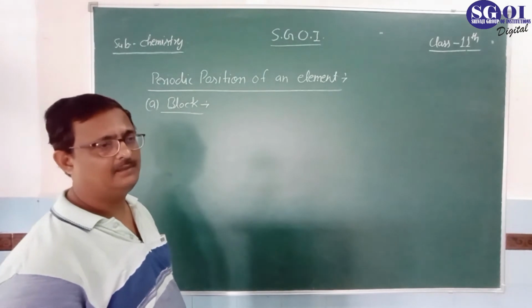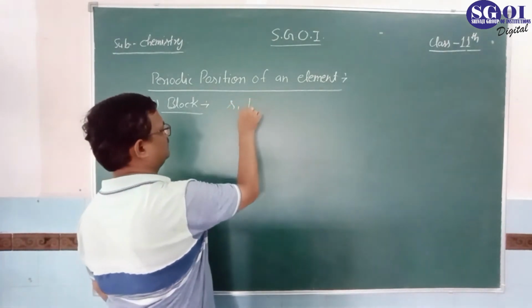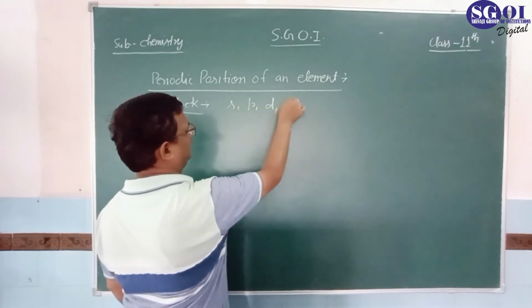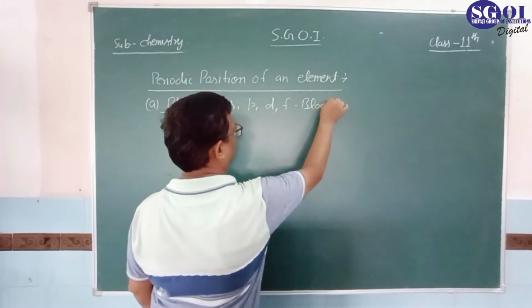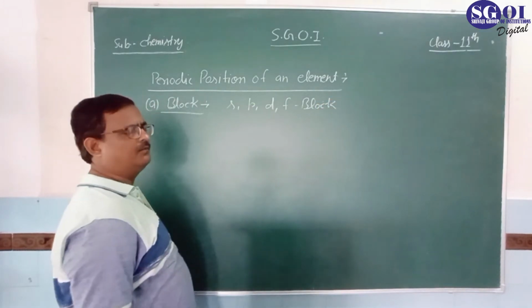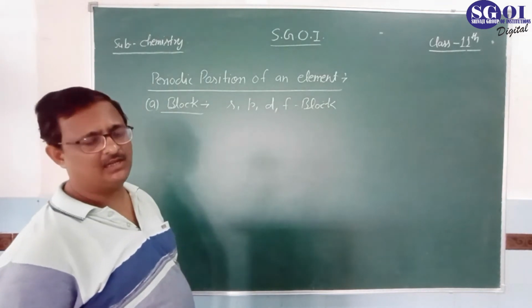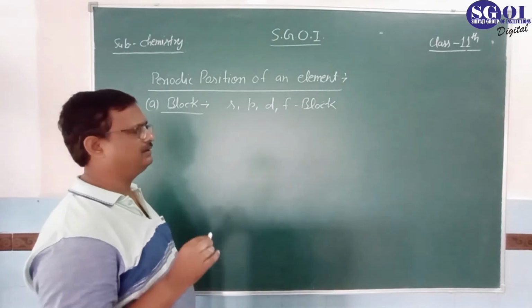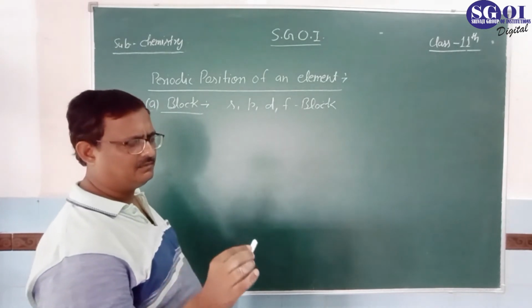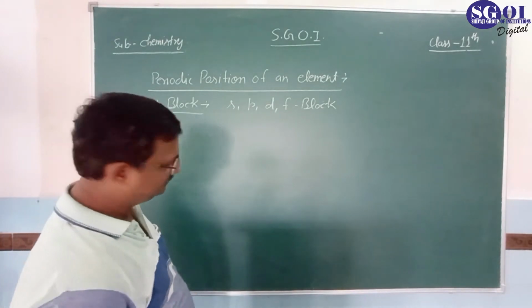It means elements are divided into four blocks: S, P, D and F block. So how will you decide the block of an element? The subshell in which the valence electron is present is known as the block of that element.